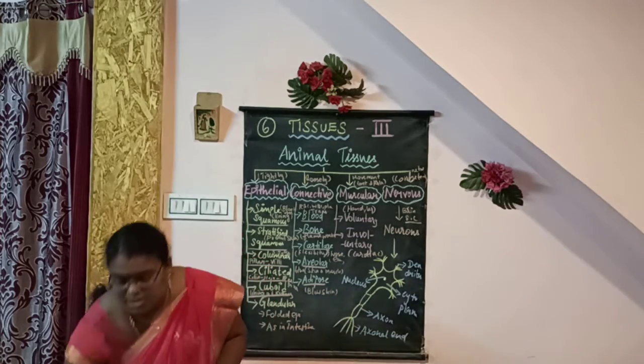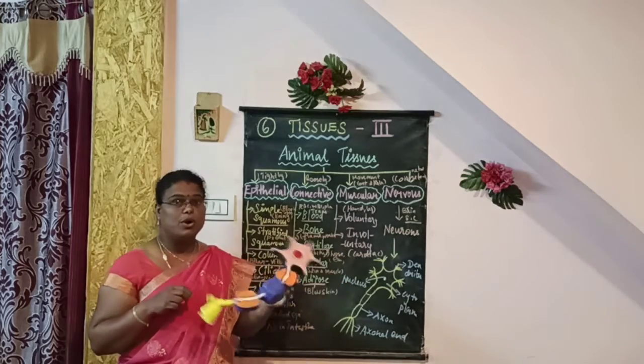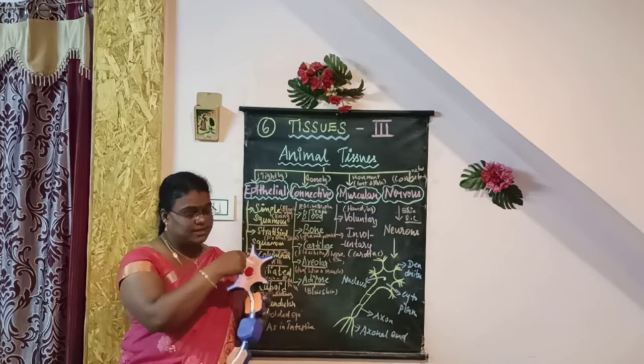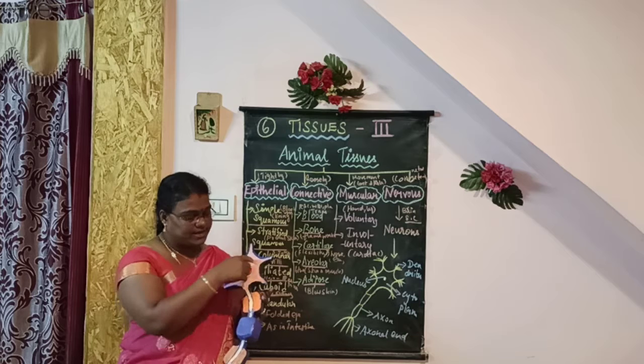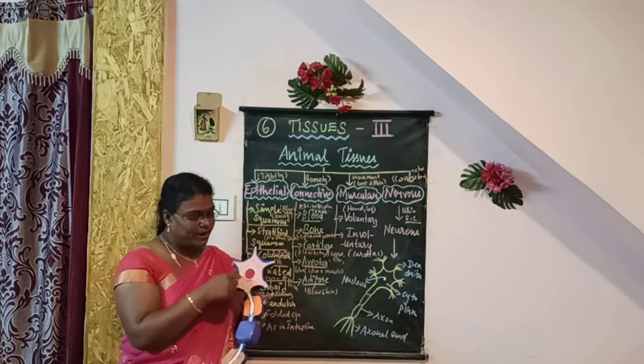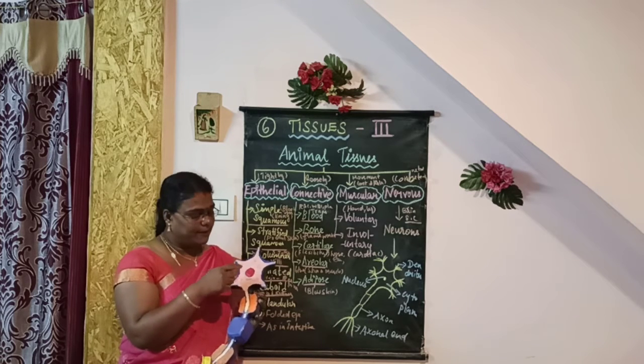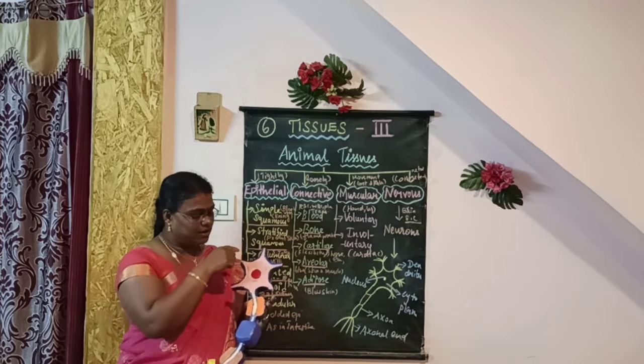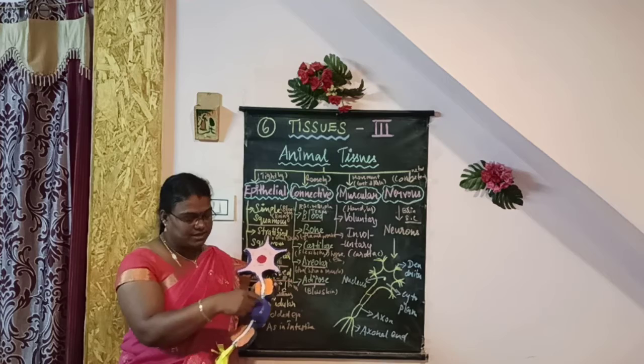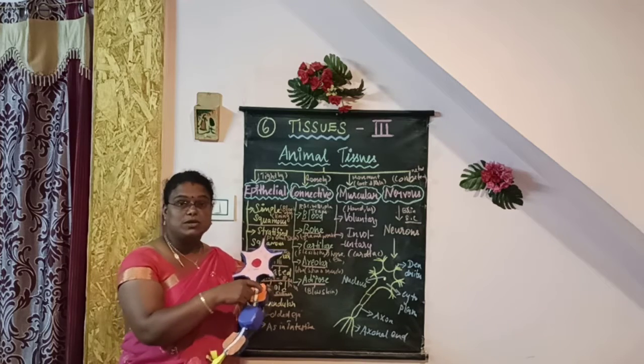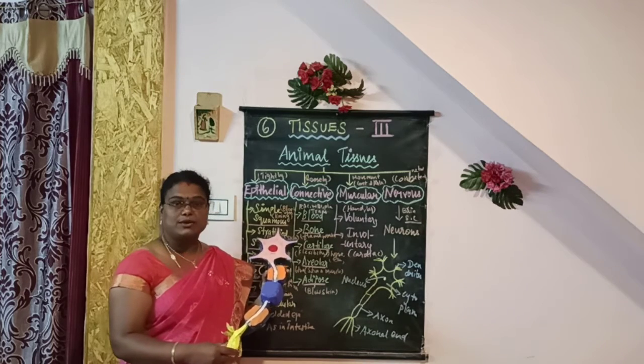See students, this is the model of a neuron. This is the cell body which consists of cytoplasm, and cytoplasm consists of the nucleus, and these are the dendrites, and this is the axon, and this is the axonal end.